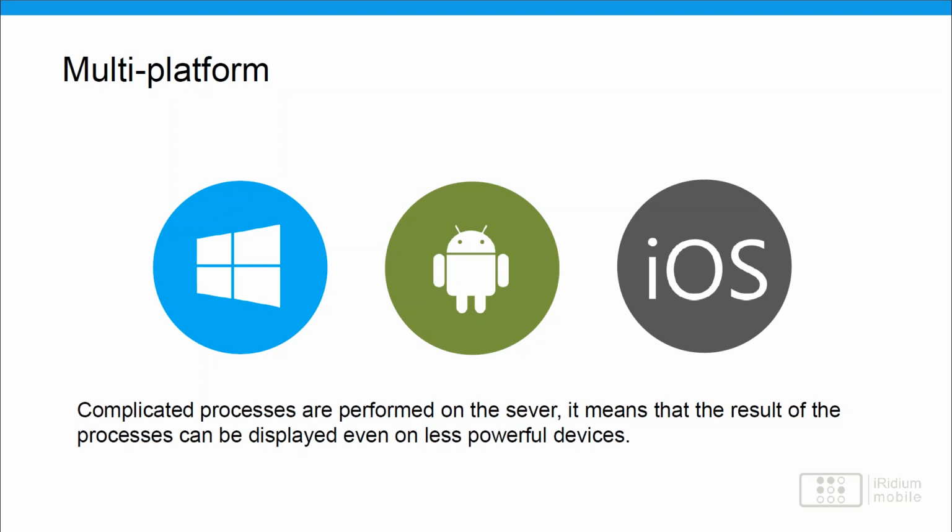But without the server, if you need to do something that uses more resources of the operating system, you have to use the most powerful devices on the market for the iRidium client application. But with the iRidium server, you can use just simple tablets, simple smartphones and PCs.